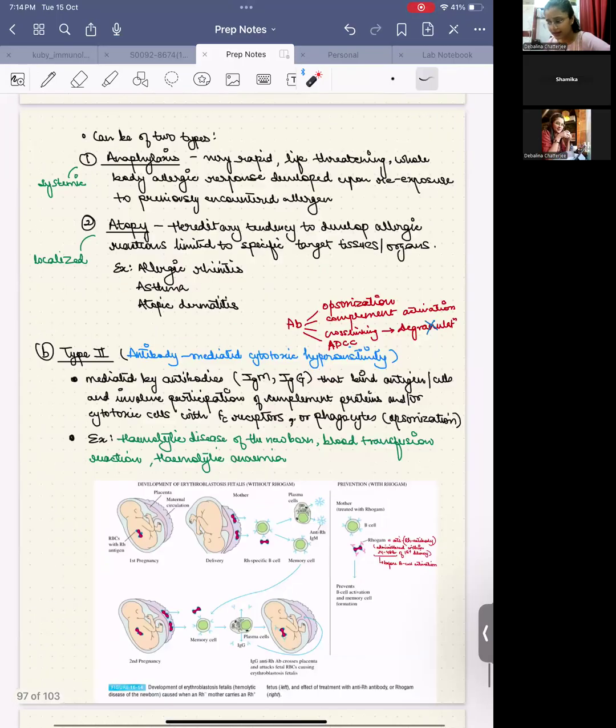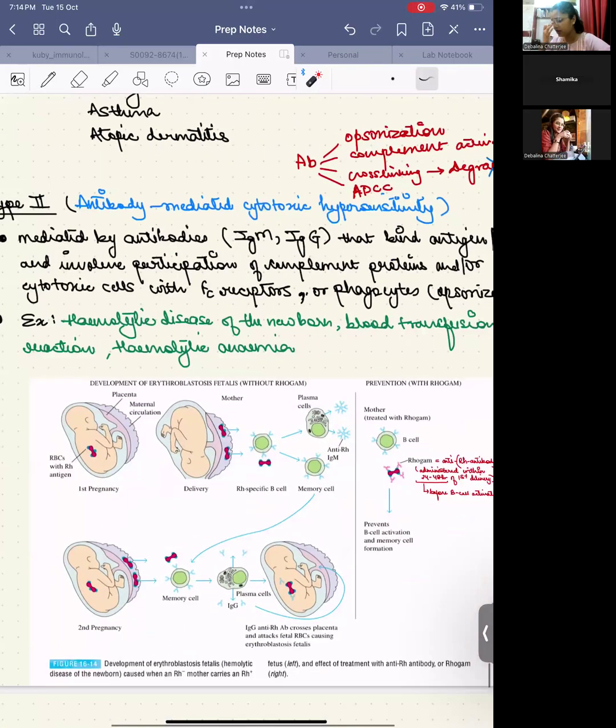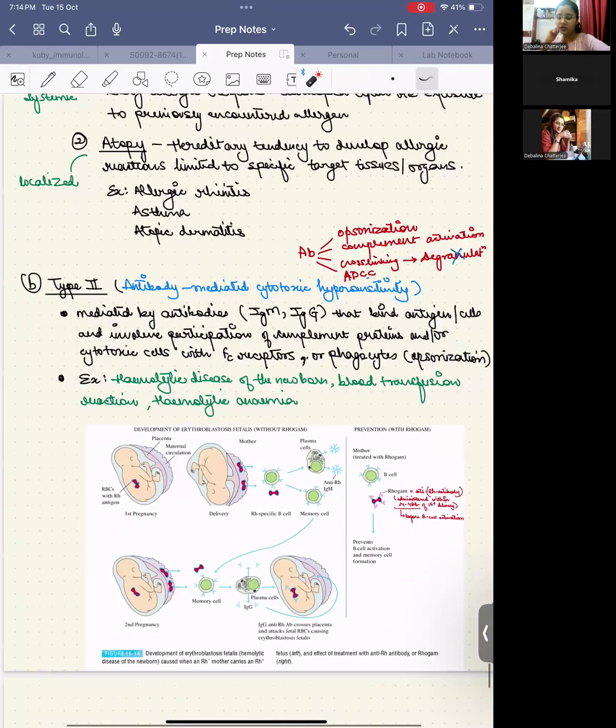And we can try and understand that using an example. There are three phenomena where the observation is because of the underlying fact of antibody mediated cytotoxic hypersensitivity. What are they?